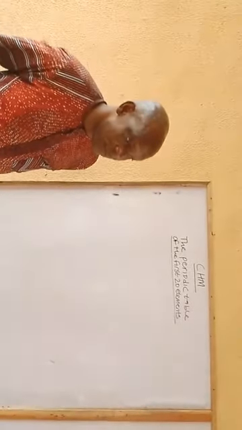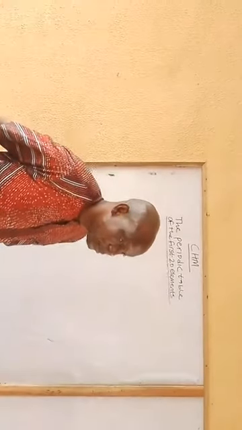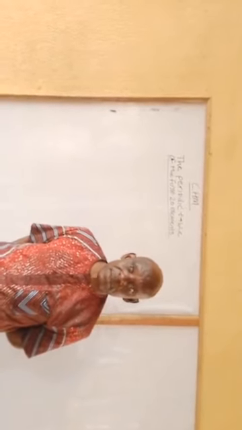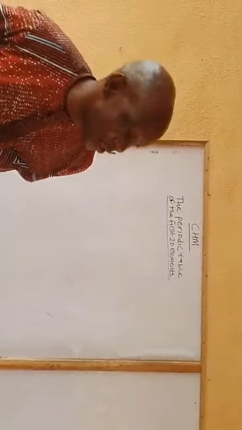Apart from seeing the way they are arranged in the periodic table, you will see the way they are commonly assessed in most examinations, especially public examinations. So before we go to the periodic table, we must first understand what an element is.